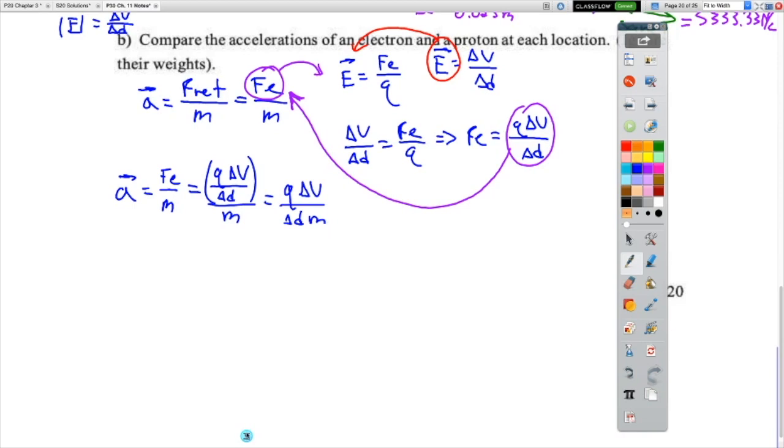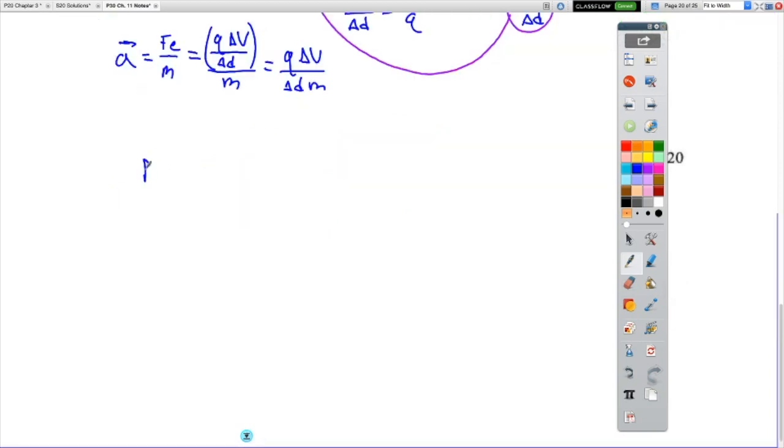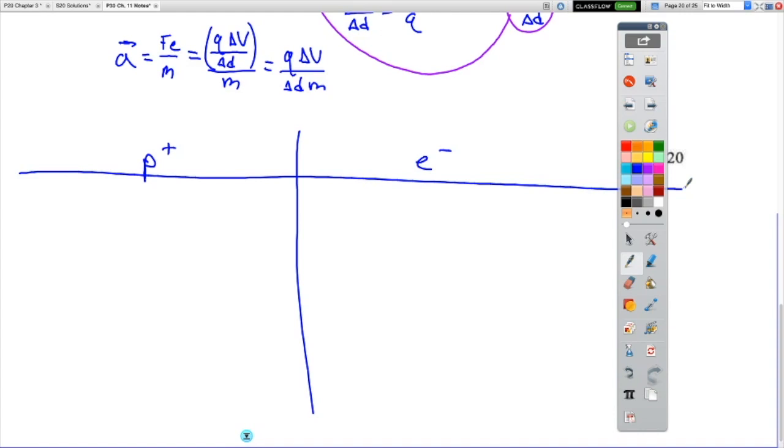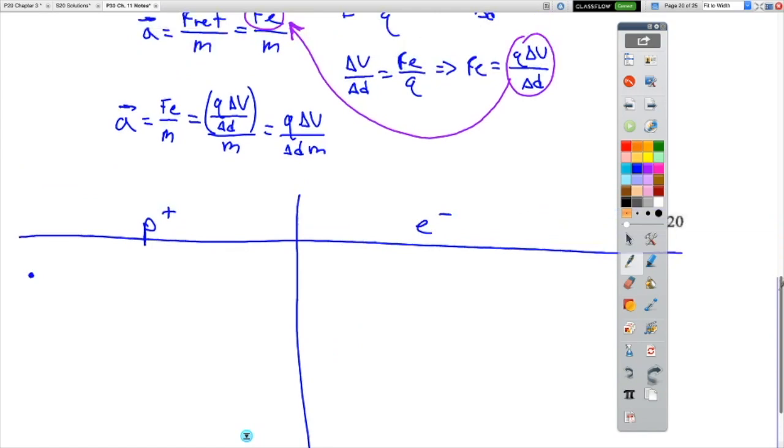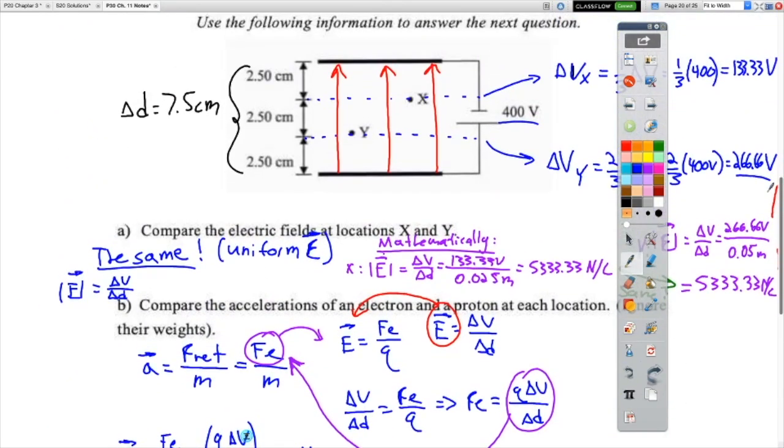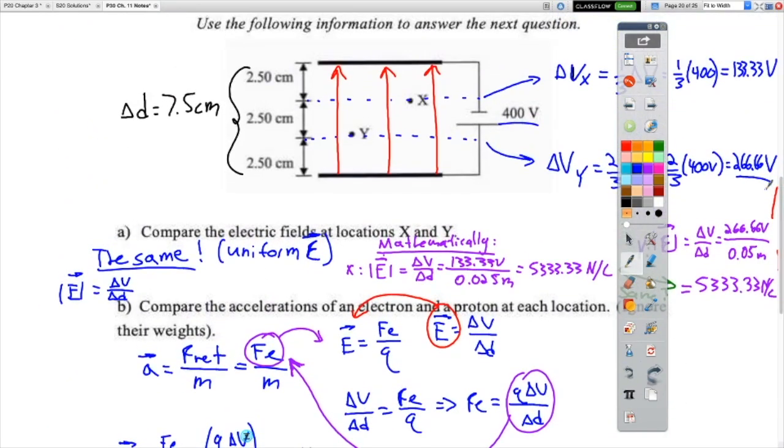So let's just say for a proton, sorry, not a neutron, an electron. So let's just kind of compare here what we have. So for a proton, just qualitatively comparing it, what would be the acceleration for a proton at x, or at y, let's say?